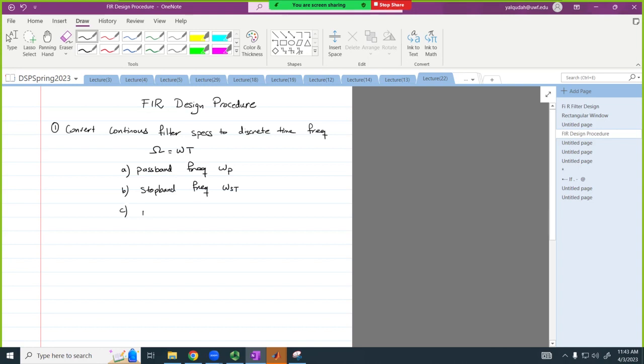And we're going to have a maximum stopband ripple. And we're going to have a center frequency W center. The center frequency is going to equal WP plus W stop divided by 2.